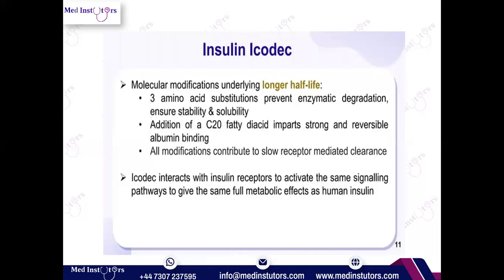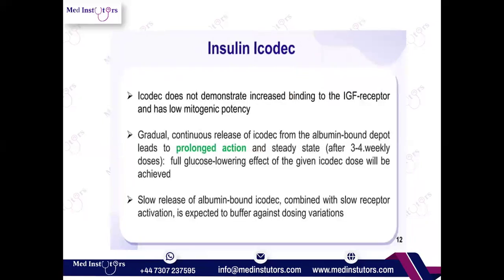Icodec interacts with insulin receptors to activate the same signaling pathways which we have seen in the previous slides. Icodec does not demonstrate increased binding to the IGF receptor and has low mitogenic potency. Gradual continuous release of icodec from the albumin-bound depot leads to the prolonged action.